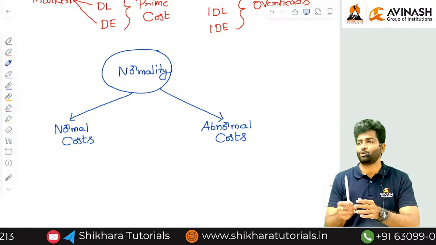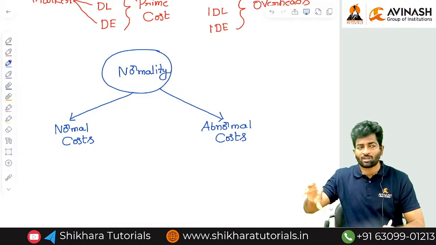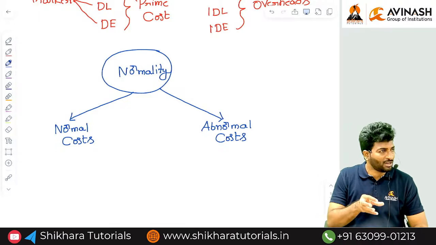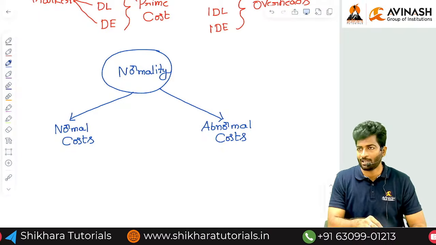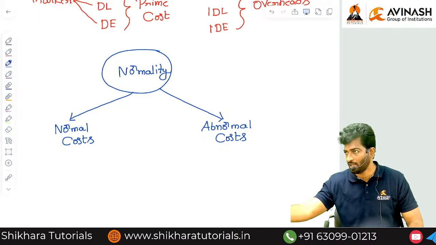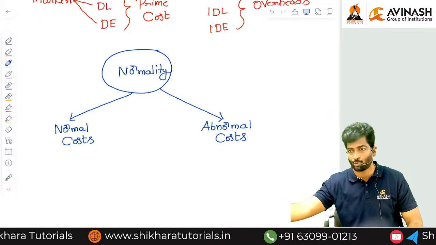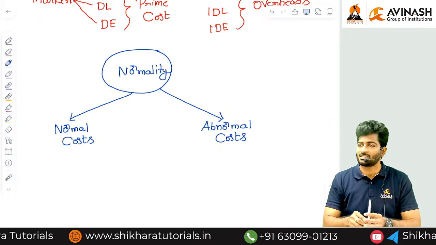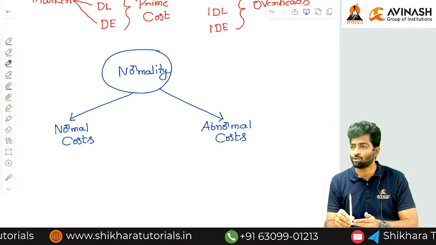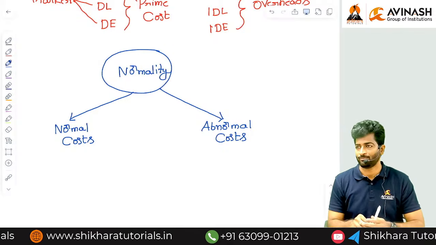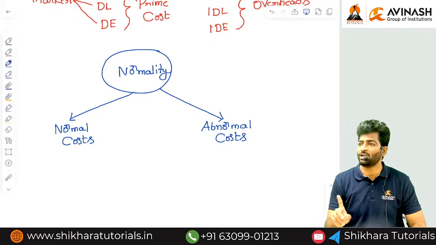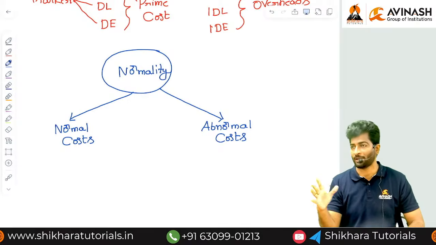Previously, my cost per unit is 20 rupees. Now, because of adding this abnormal item, because of negligence of some employee, some additional expense of 2 lakh rupees incurred, if I'm adding, the same 20 rupees may increase to 21 rupees. 1 rupee increase only because of that particular employee.